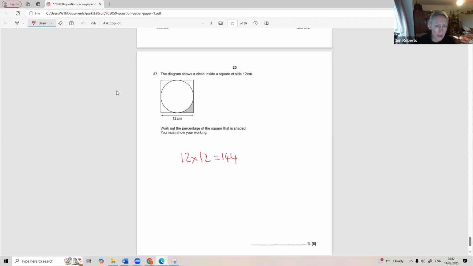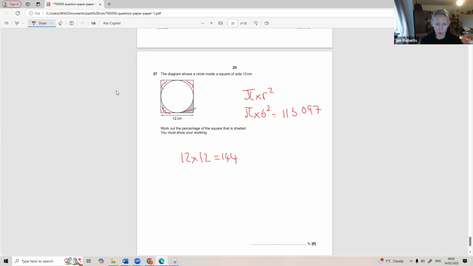Right, so let's get the area of the circle next. Area of a circle, you need to know this, you will not be given it. Pi times r squared. The radius from the centre to the edge is 6. Pi times 6 squared is 113.097. I'm just going to subtract them. If I subtract my circle from the square, I get these 4 bits around the end.